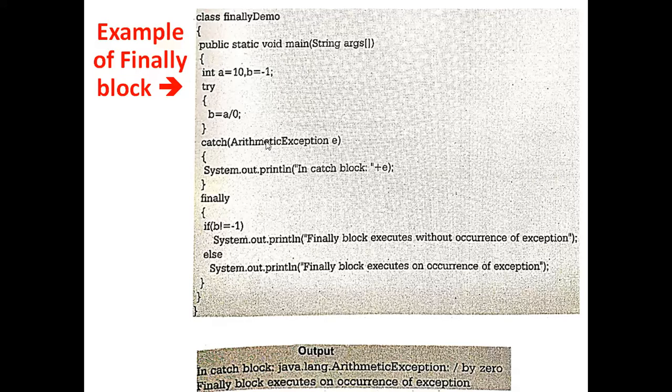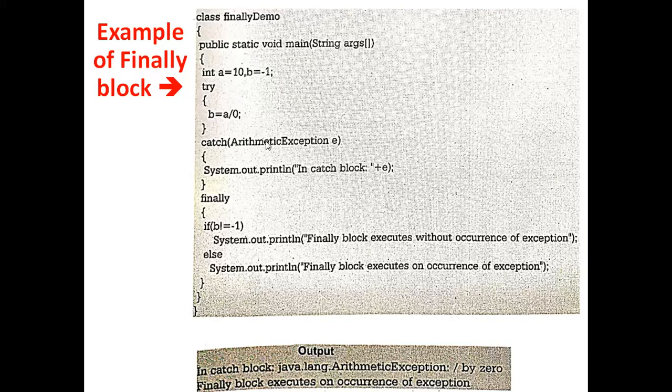In the main function I have declared two variables of integer type, where A is 10 and B is -1. Then I have written one try block in which B is equal to A divided by 0. As we know in mathematics, we cannot divide any number by 0.